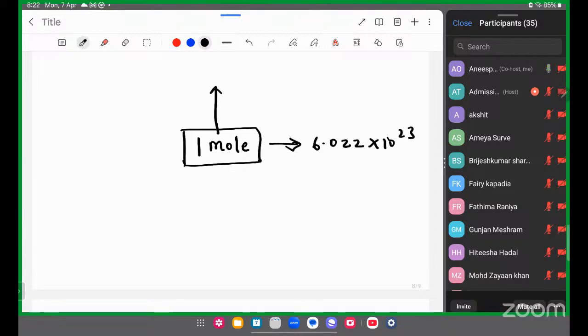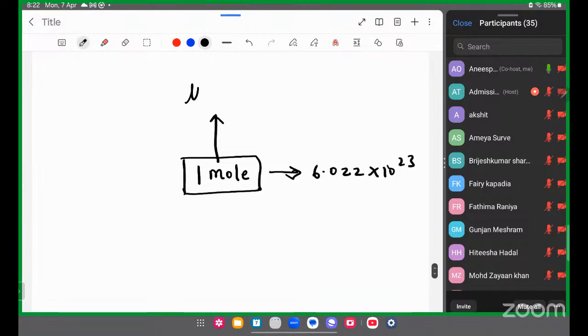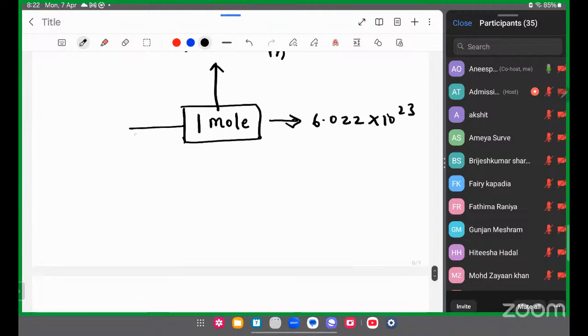If you want to find out number of moles, we have the formula n equals W by M, where W is given amount, M is molar mass, and 1 mole of any chemical substance is equal to GAM or GMM. GAM is gram atomic mass and GMM is gram molecular mass, which means if we express atomic mass in gram, it will be equal to 1 mole.